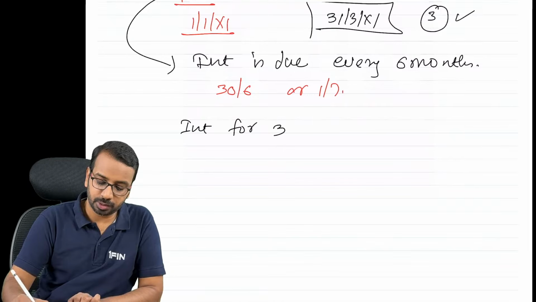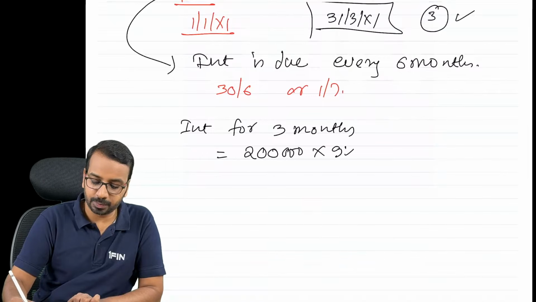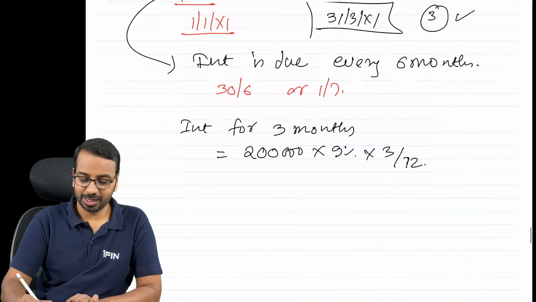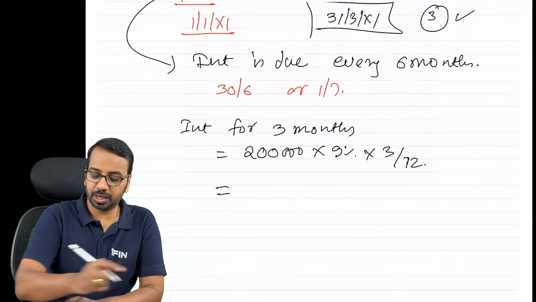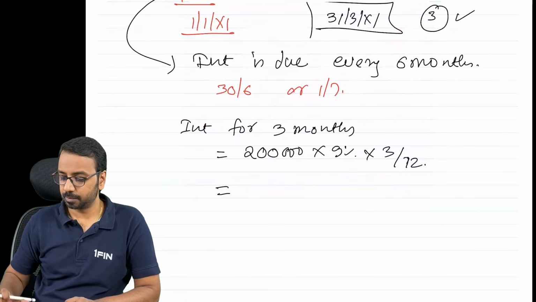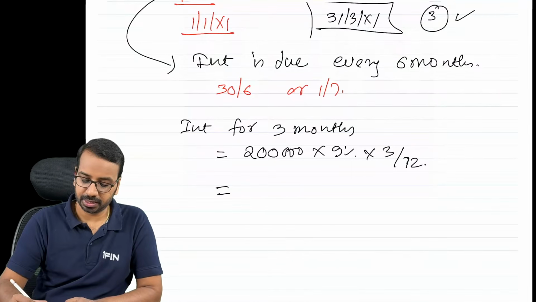Interest for 3 months is equal to 2 lakhs into 9% into 3 divided by 12. If I do 2 lakhs into 9% into 3 divided by 12, I get 4,500.